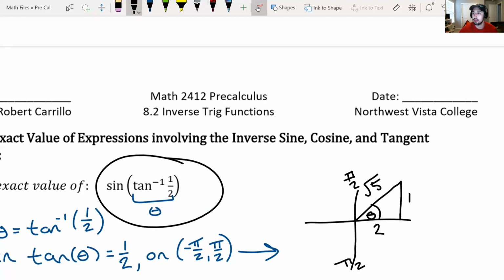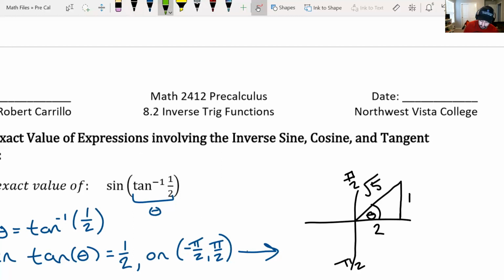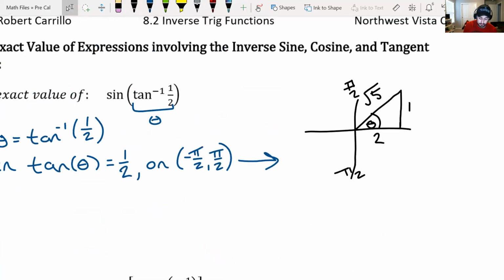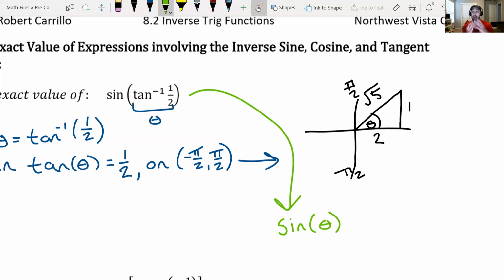So actually, let me move myself up here. There we go. So that's what we're going to look at, which means that this, put a lovely little green arrow, comes back, and we get sine of theta, because theta now contains all that information.